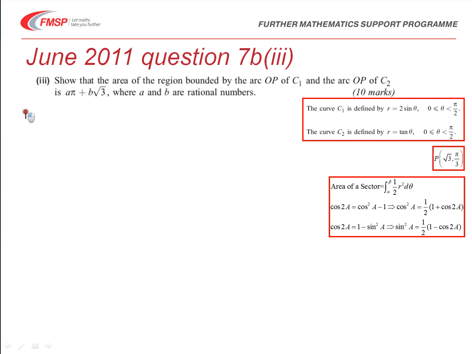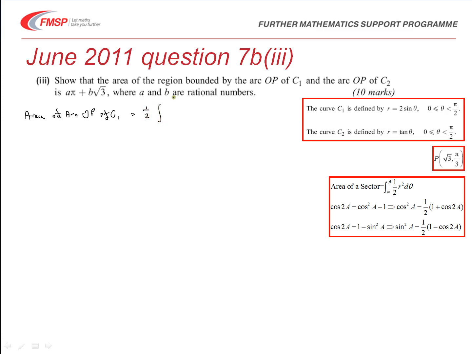So the first thing we're going to do is to find the area of arc OP of C1. Now we know that to find the area it's an integral of a half r squared d theta, so this becomes a half the integral.